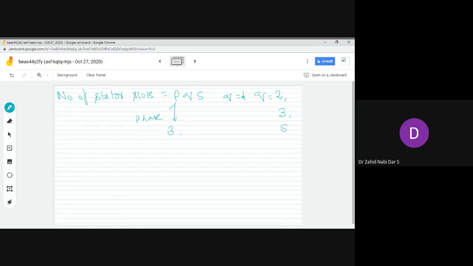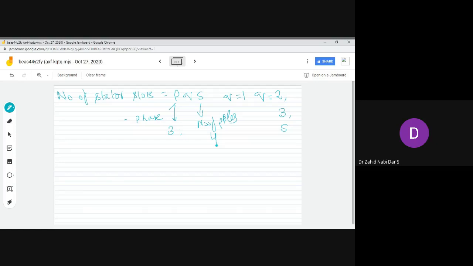So we take this value as Q S, basically, we are interested to know this is the number of poles, so this will also not change.